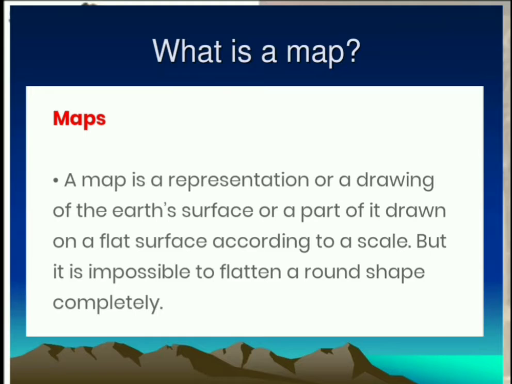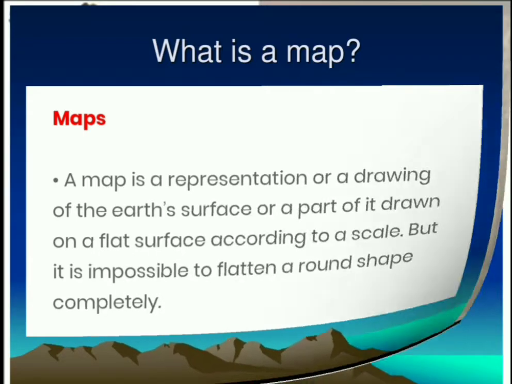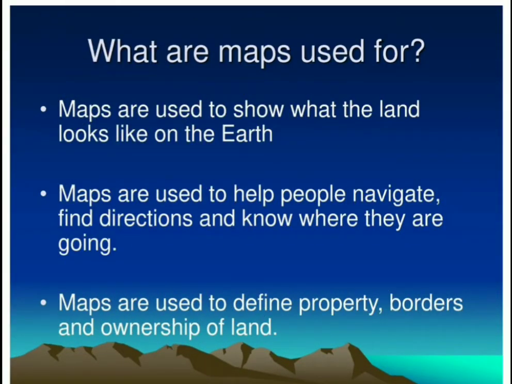Dear students, a map is a representation or a drawing of the earth's surface or a part of it drawn on a flat surface according to a scale, but it is impossible to flatten a round shape completely. So let us discuss what maps are used for.